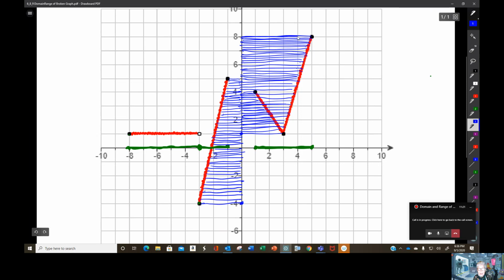Look at that. We don't have any breaks at all in the range. You have a solid blue line. Oh, in fact, I'm going to get this line right there. This line right there. And that's actually a solid line.